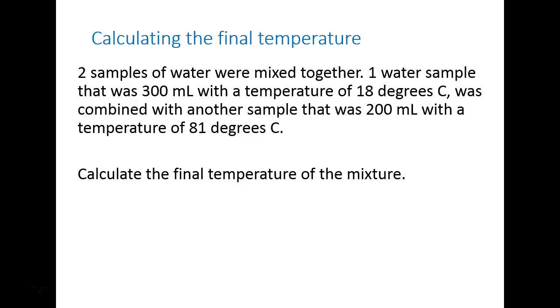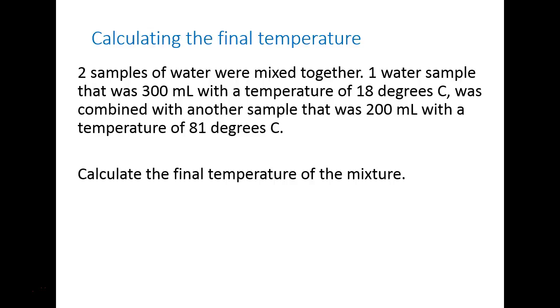Let's try out some questions. We've got two samples of water that were mixed together. One water sample that was 300 ml with a temperature of 18 degrees Celsius was combined with another sample that was 200 ml with a temperature of 81 degrees Celsius. The question asks you to calculate the final temperature of the mixture.